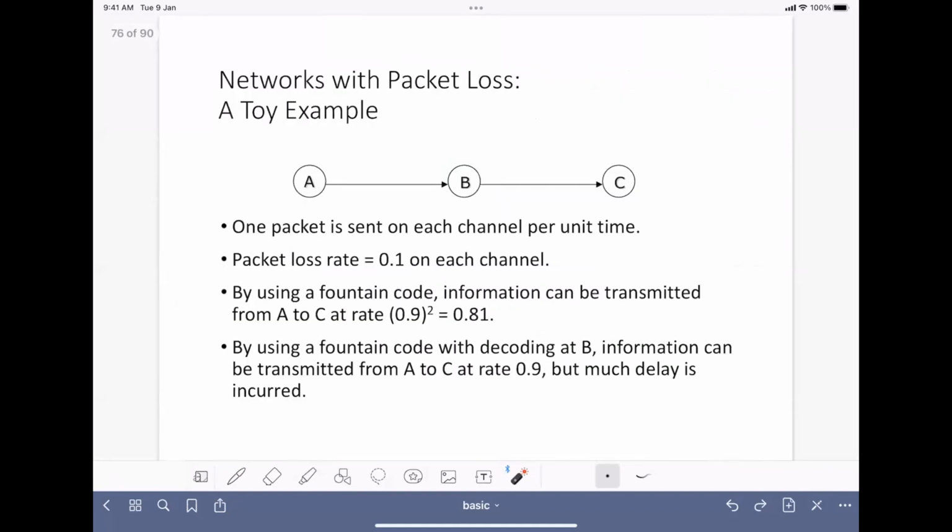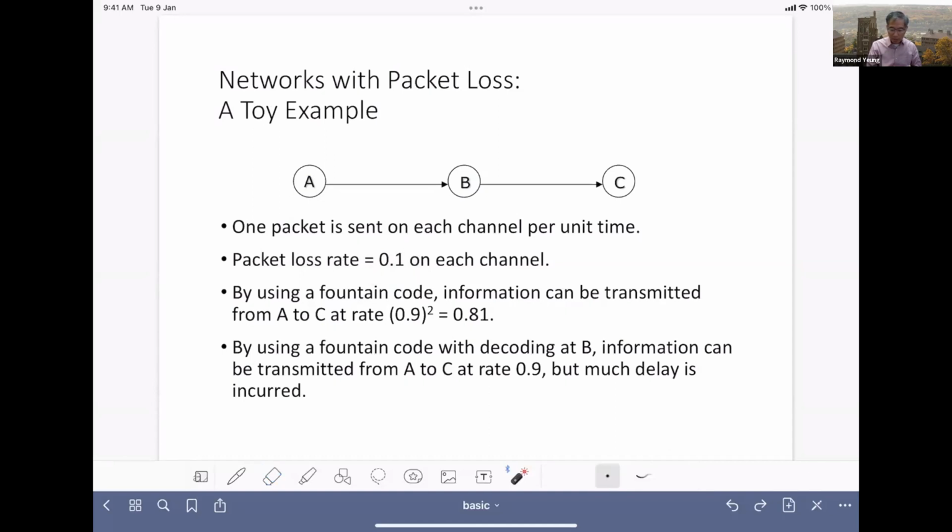So before I quit, I would like to explain a toy example to you, okay, which is an application of network coding in a network with packet loss. Now, we have this very simple network with 3 nodes, 1 packet is sent on each channel per unit time, and the packet loss rate is 0.1 on each channel.